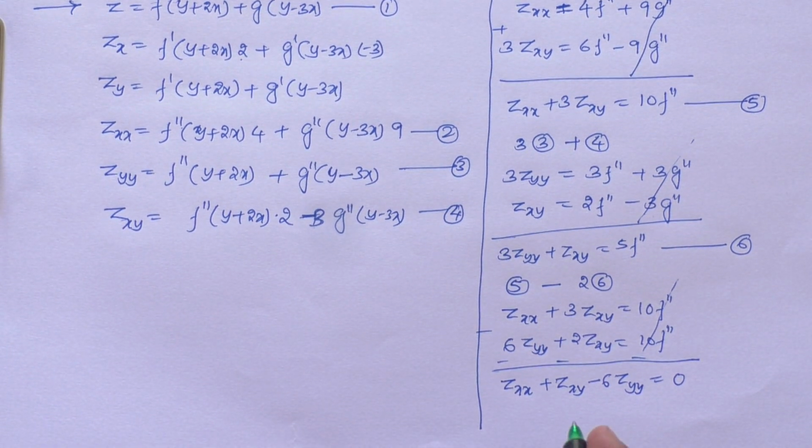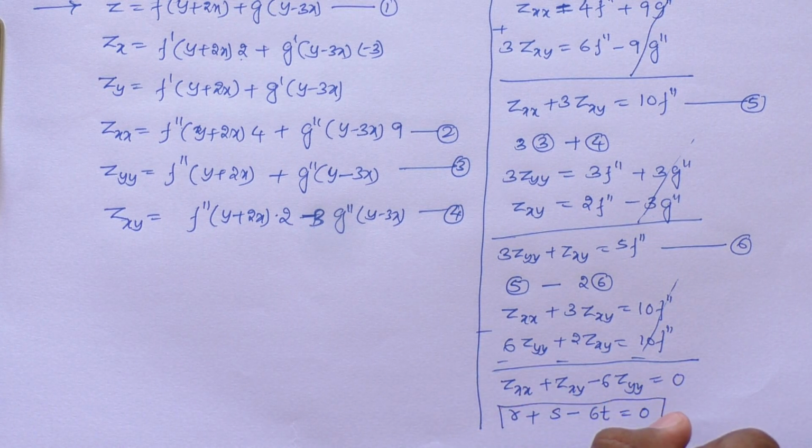Now in the notation zxx is r, zxy is s and zyy is t, so r plus s minus 6t equal to 0. This is the required PDE which we got after eliminating arbitrary functions.